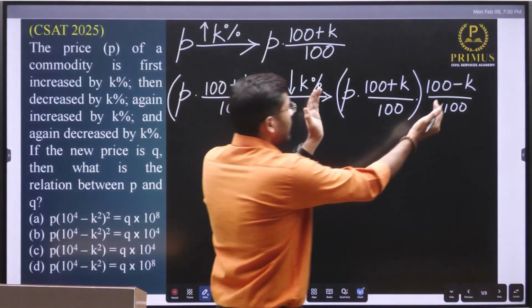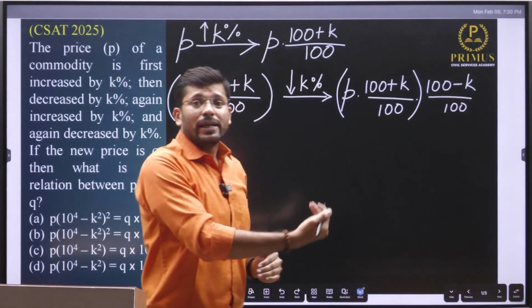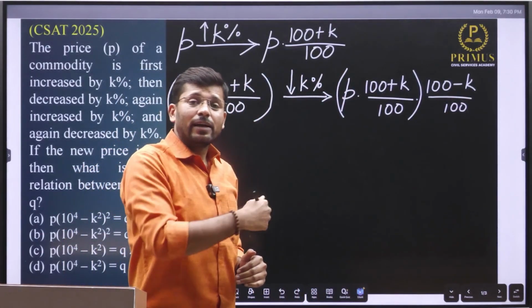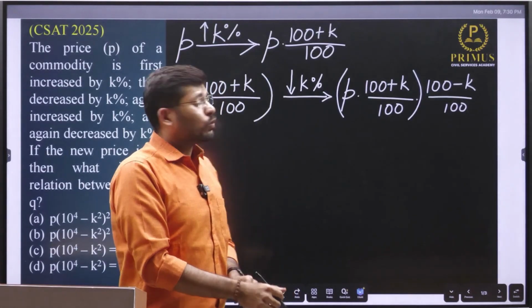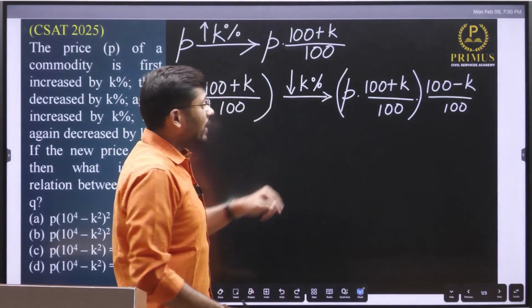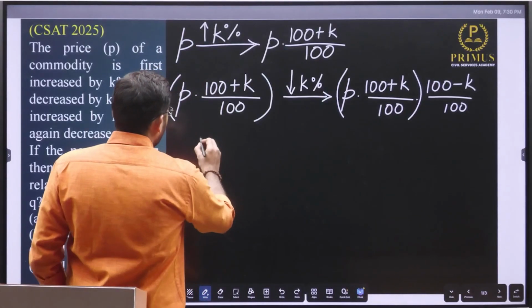Similarly, we need to treat this as a single unit and increase it by k%, and whatever result we get, we need to decrease it again by k%. So I will not write this entire thing. I will directly write the final expression.